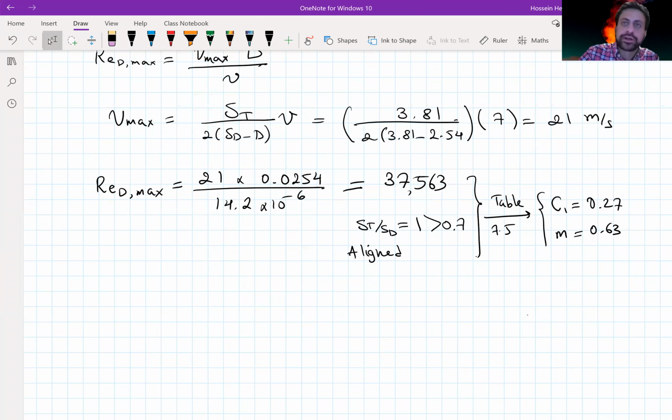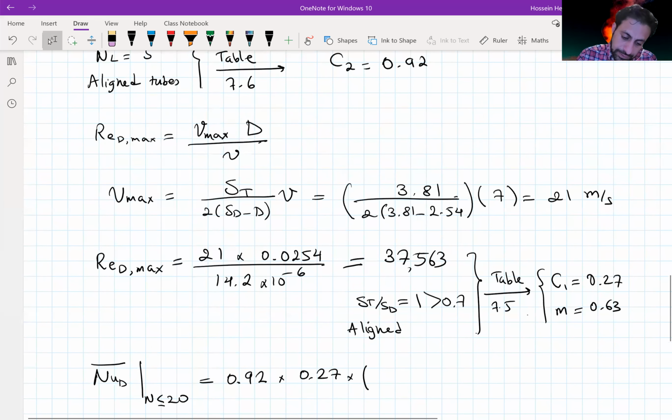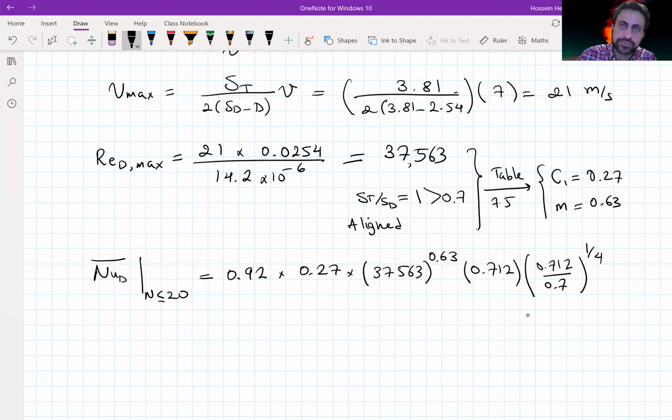So having that, now we can evaluate the Nusselt number. Nusselt number of D average for N less than 20 is going to be 0.92, which is C2, times 0.27, which is C1, times the Reynolds number, 37563, to the power of 0.63, times the Prandtl number 0.712, and the correction 0.712 divided by 0.7 to the power of 1 over 4.